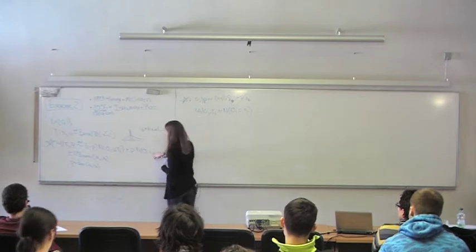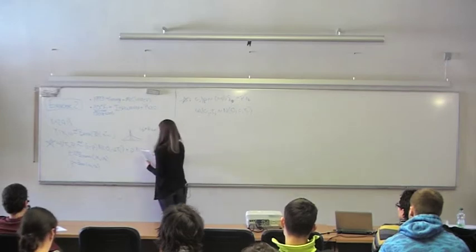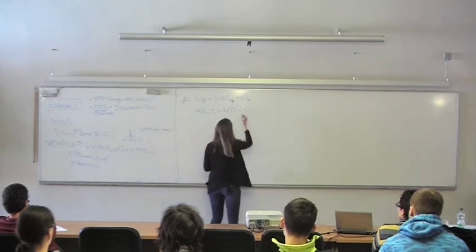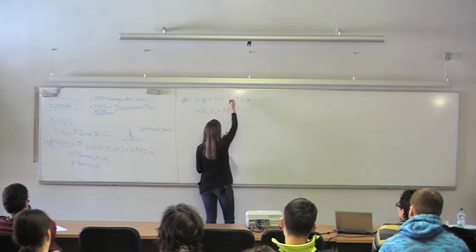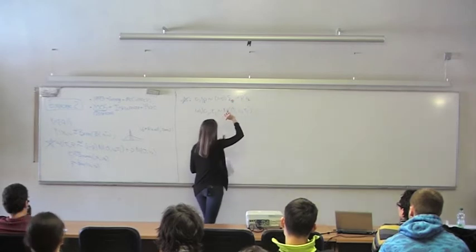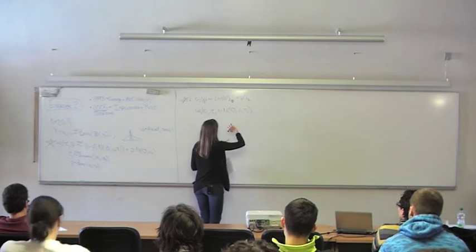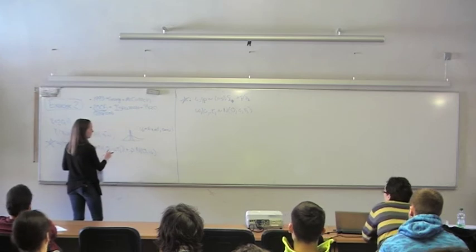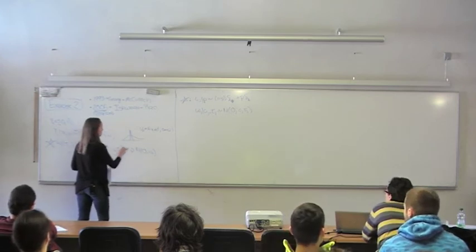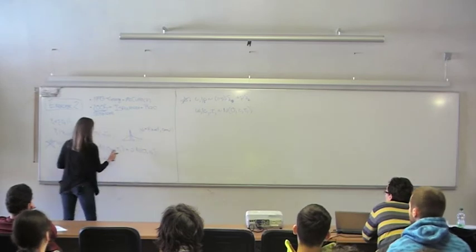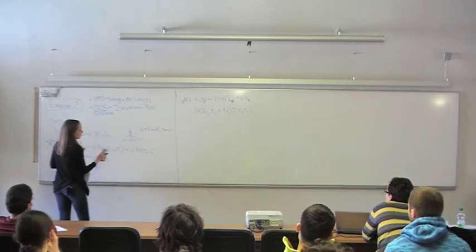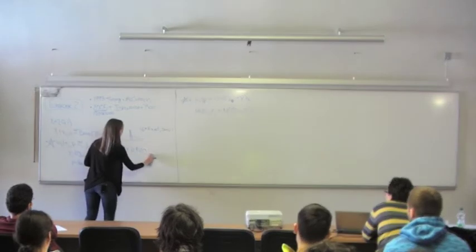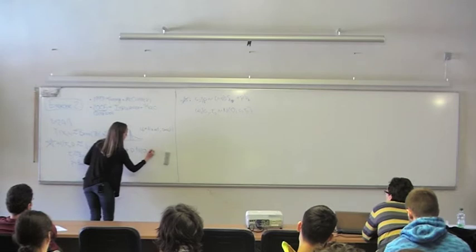I think that's correct, right? No, wait, it should be tau j here, I think. I think I wrote this wrong, so if I integrate this out, I have V naught times tau j, or I have tau j.